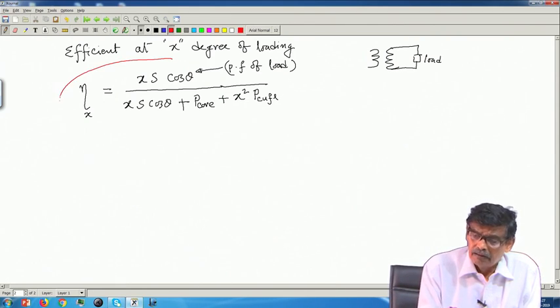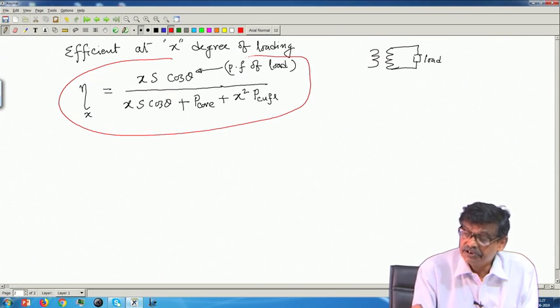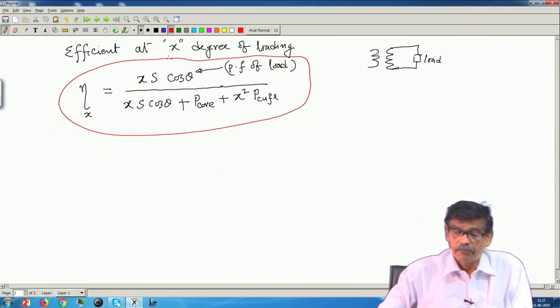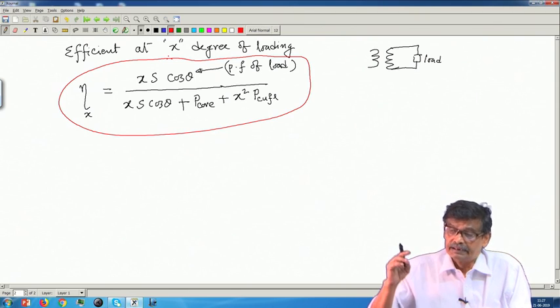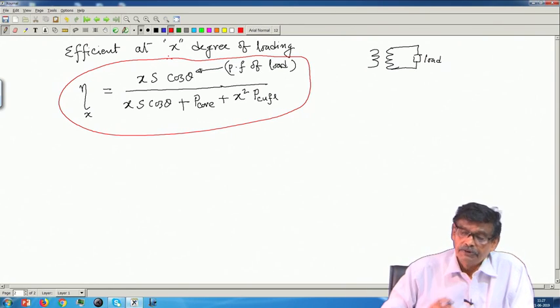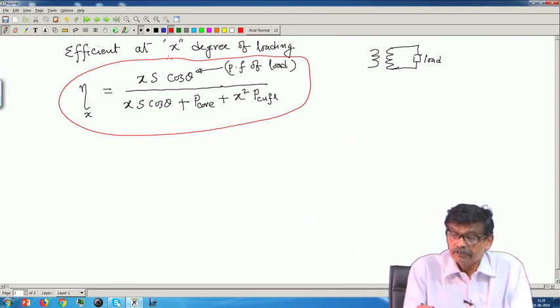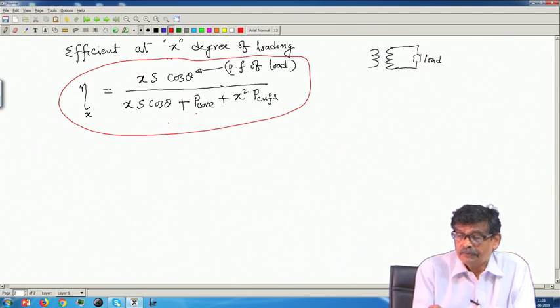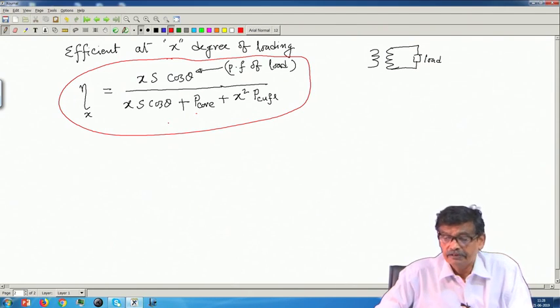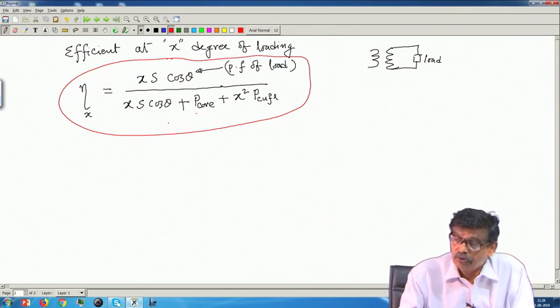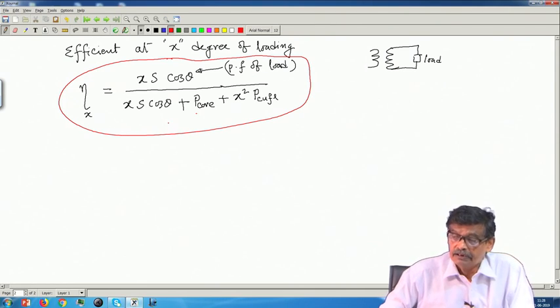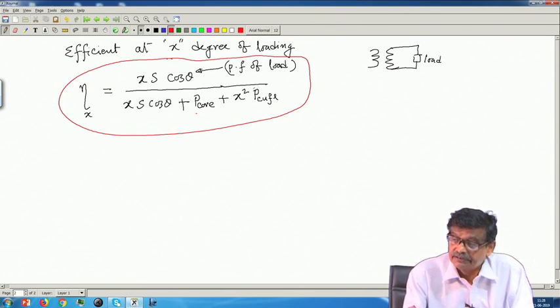Therefore, I can calculate the efficiency of a transformer at any degree of loading and at a given power factor of the load, because P core is known to me from the open circuit test, and P_CU full load is also known to me from the short circuit test.